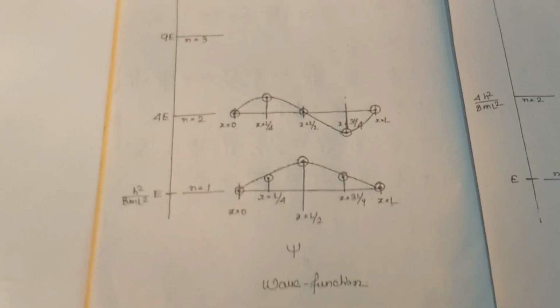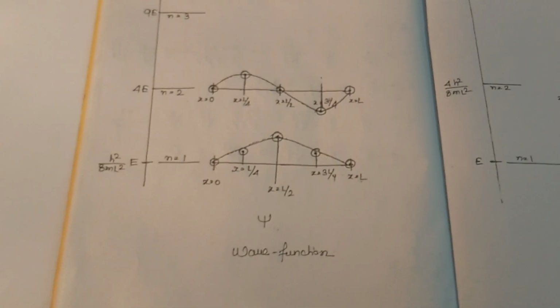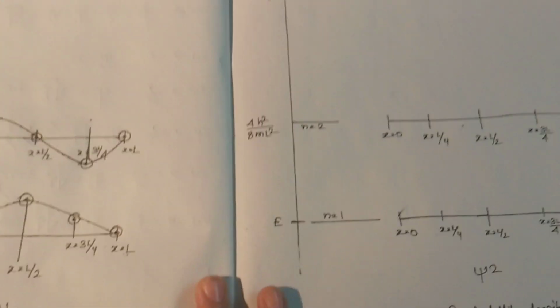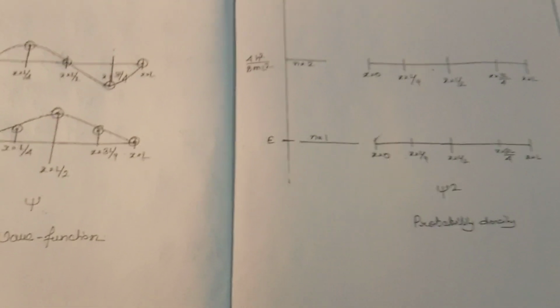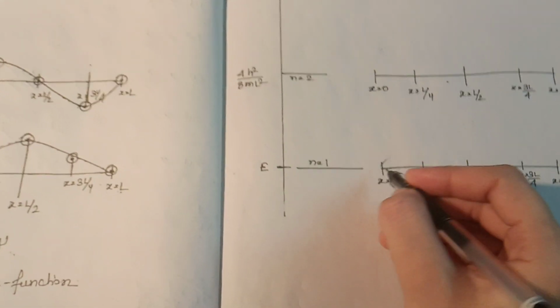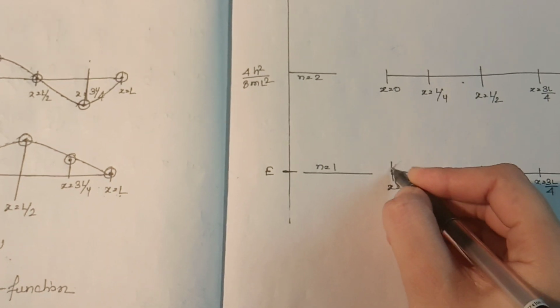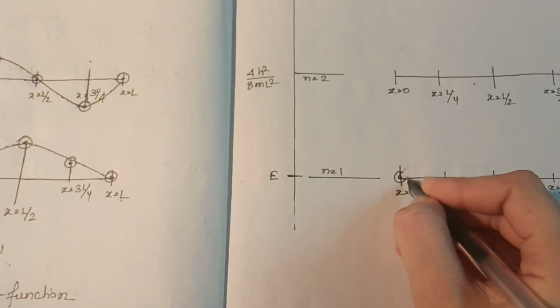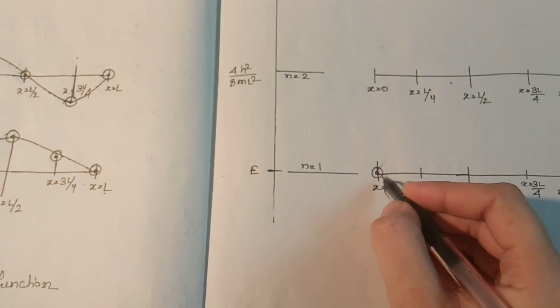Similarly, we can draw the probability density, and it is very easy. If you got the value of psi, then you need not again see the value and draw the lines. You just know the values, and you just need to put a certain height for the particle. As we know, at x is equal to 0 the value is 0.